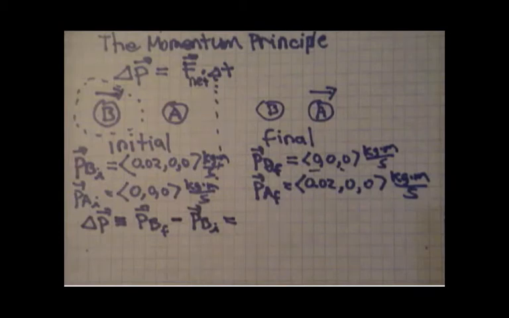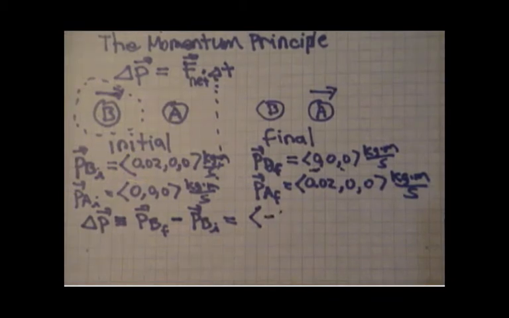What that means is that when we calculate this vector, remember, the way you calculate a difference of two vectors is to subtract component by component. So to calculate the first component here, I want to take the x component of PB sub f, which is 0, and subtract from that the x component of PB sub i. So when I do that, it's 0 minus 0.02.